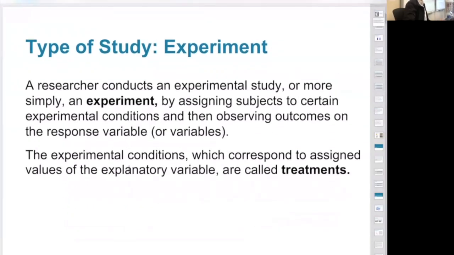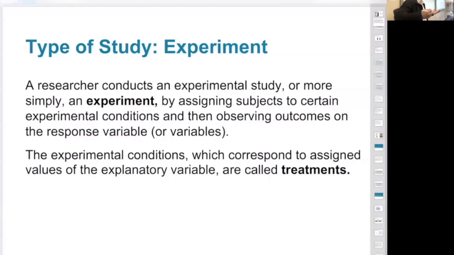So what is the experiment in general? Of course, any researcher can do an experiment, right? You have subjects, you assign them to be exposed to some conditions and start to observe the outcome.